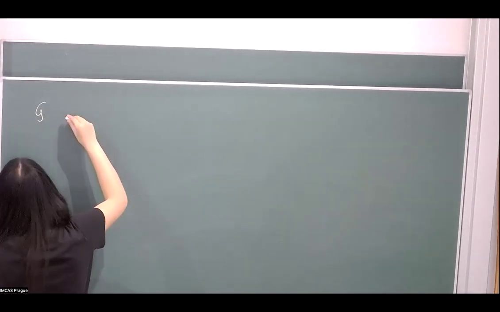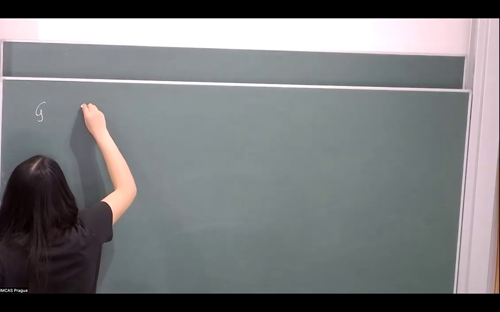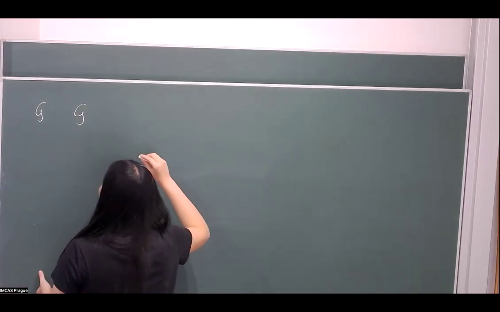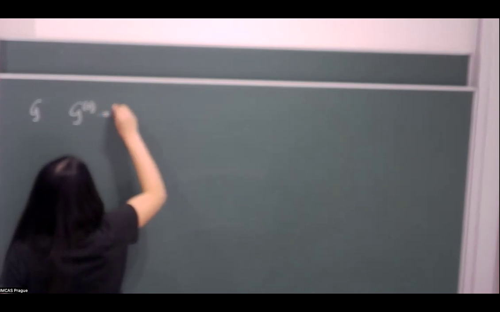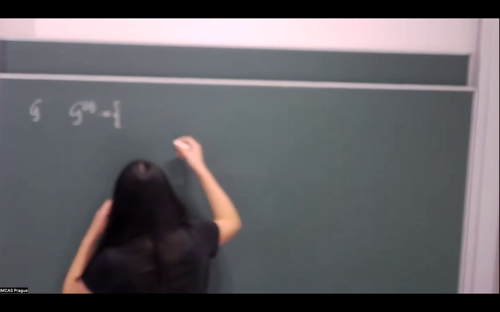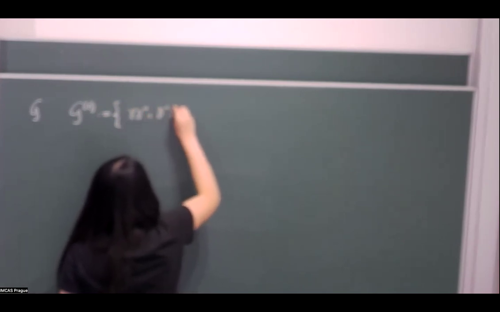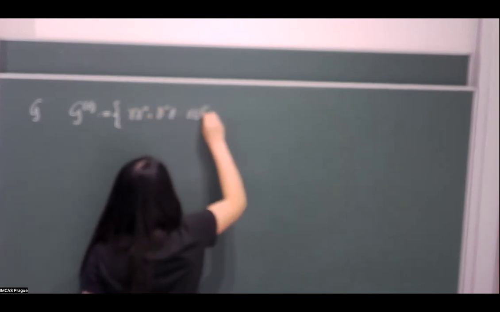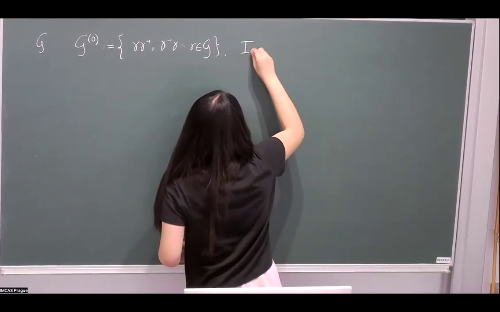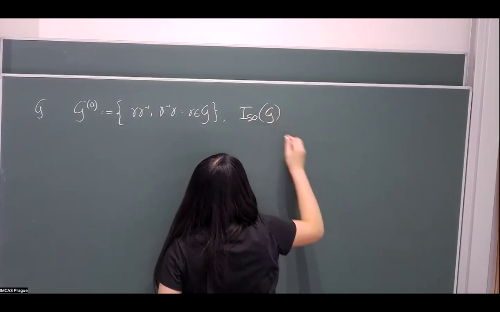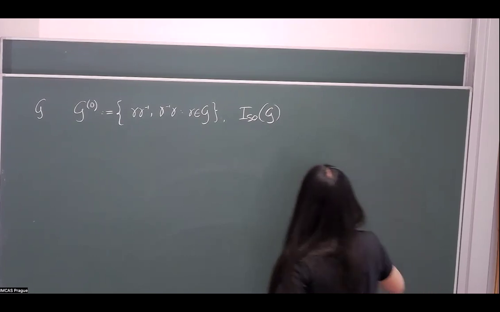So this groupoid, well, I currently don't assume anything on it. It's just a topological groupoid, maybe locally compact Hausdorff. And then by G naught, I will mean the collection of sources and ranges. So it's the collection of gamma gamma inverse or gamma inverse gamma, where gamma are elements from a groupoid. And by iso of G, I mean the collection of all those isotropy elements.